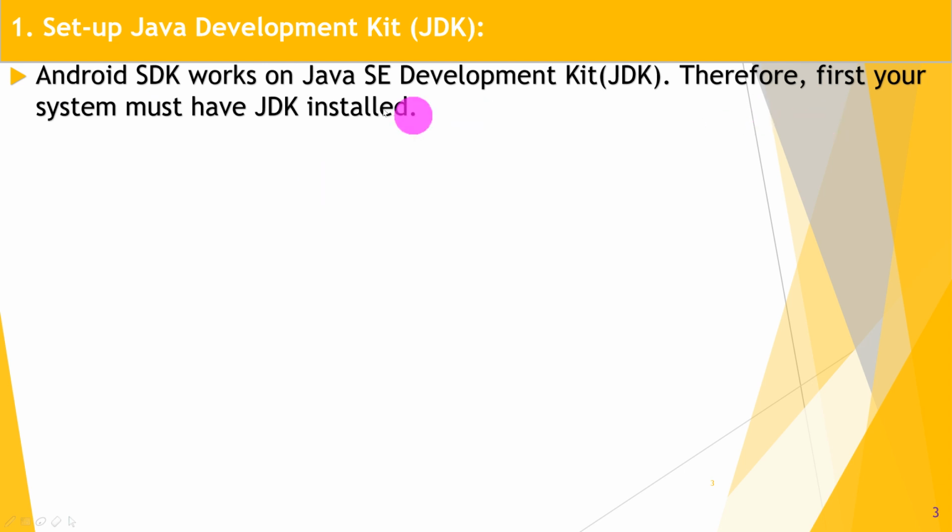Great. So first your system must have JDK installed prior to installing the Android SDK, because Android SDK works on Java's JDK. Hope you understand. That means the Android SDK libraries use Java, which requires Java's JDK. We will see that at the time of the architecture of Android.